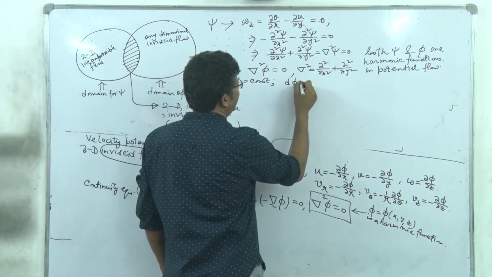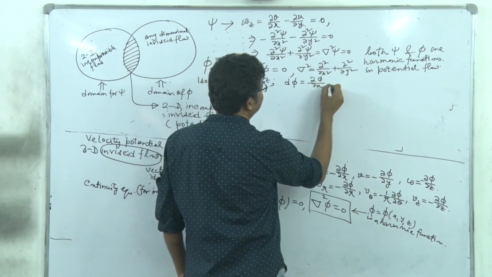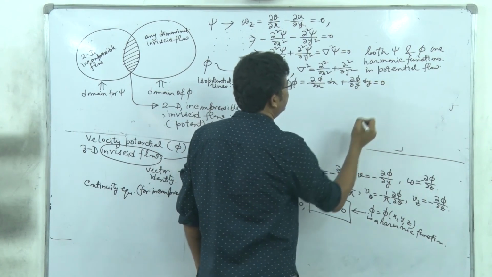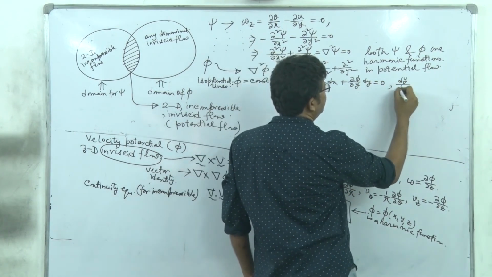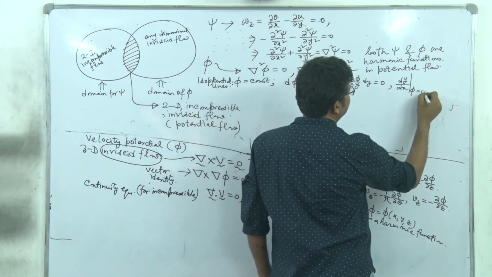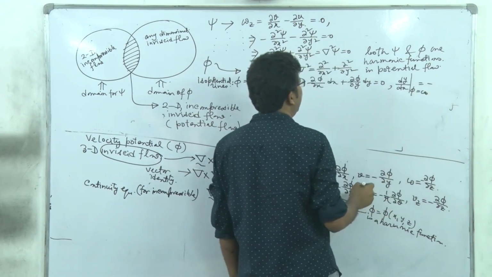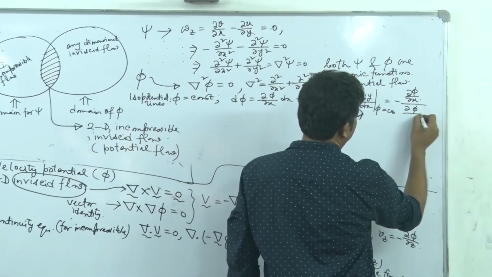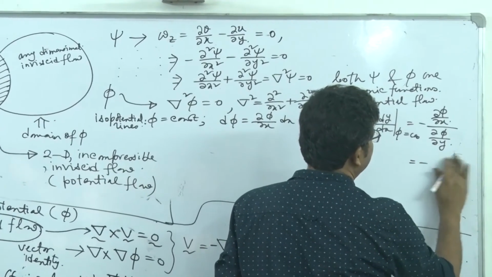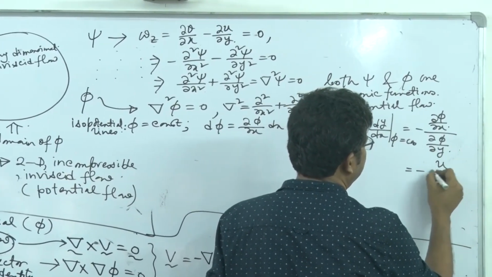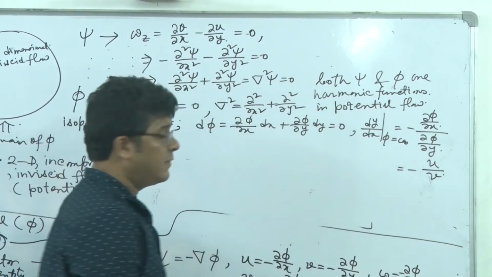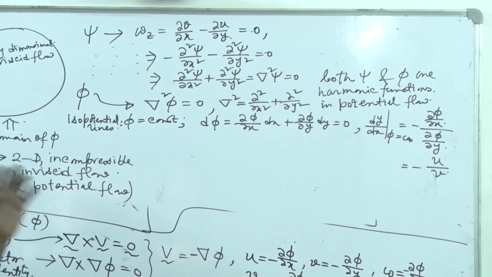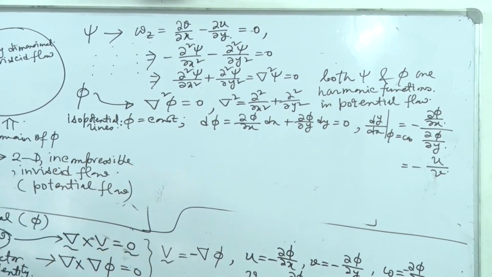So d phi is equal to del phi del x dx plus del phi del y dy, that's equal to 0. So the slope of isopotential line is minus of del phi del x divided by del phi del y, which is minus of u by v, because minus of del phi del x is equal to u and minus of del phi del y is equal to v, so the minus sign cancels out.